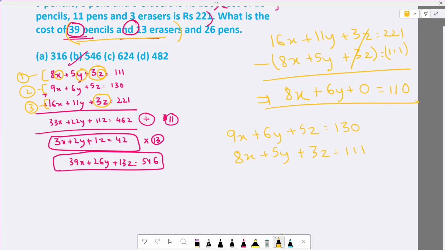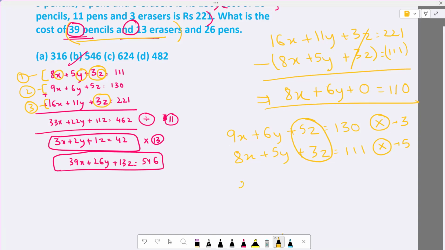Now we know that nothing is the same here, so nothing will cancel and the variables will remain when we subtract these. So what we can do is try to make the terms equal. For example, if I multiply this whole equation by 3, I get 15z, and here I will have to multiply by 5, right? This is the approach that we use.